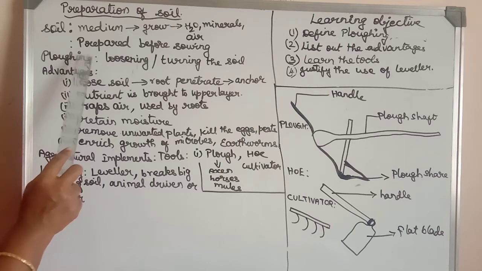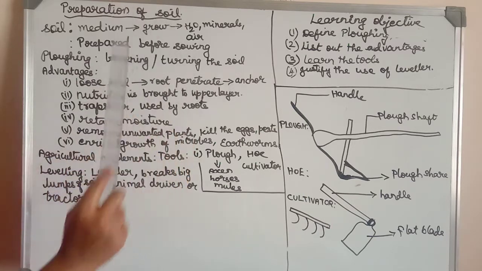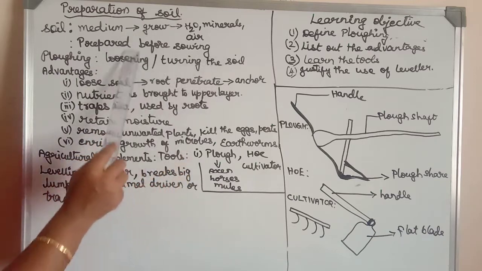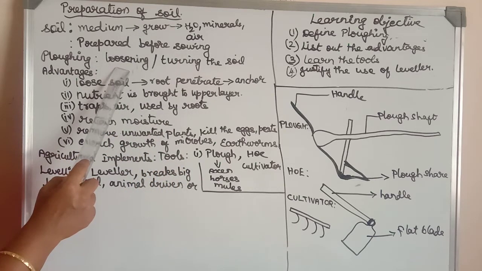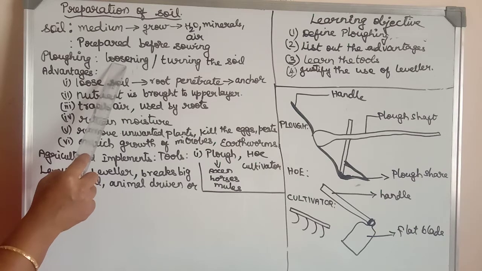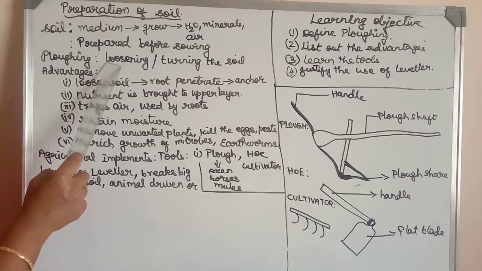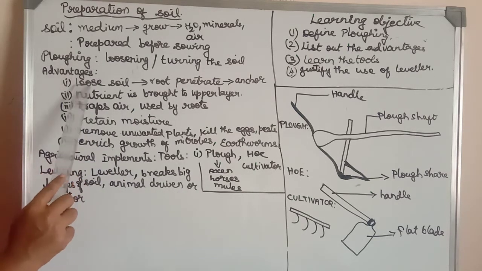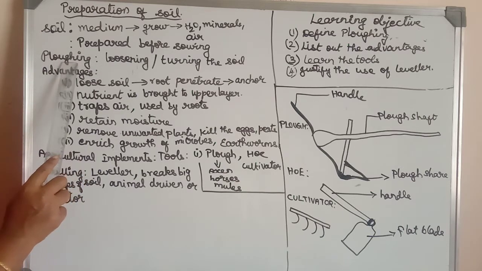Ploughing is the process of loosening or turning the soil. In order to turn or loosen the soil, we use different implements or tools. That we will discuss in the later part. Before that, we will see what are the advantages of ploughing.